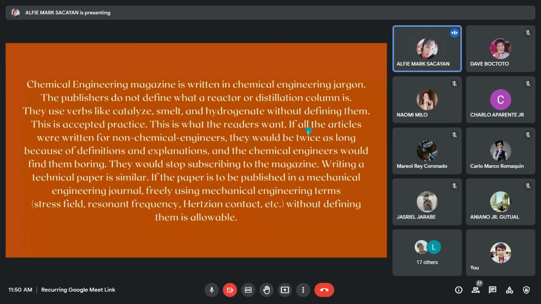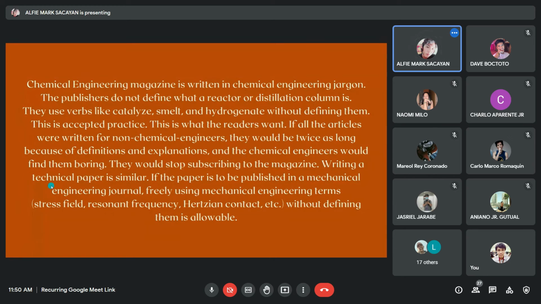So kung magsulat na ka for non-chemical engineers na, they would be twice as long because of definitions and explanations. So kung dili chemical engineering mo mga readers, so kailangan magbutang ka og definitions and explanations para makasabot ang mga readers.